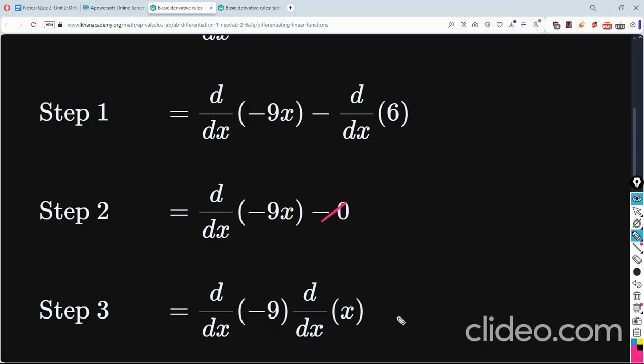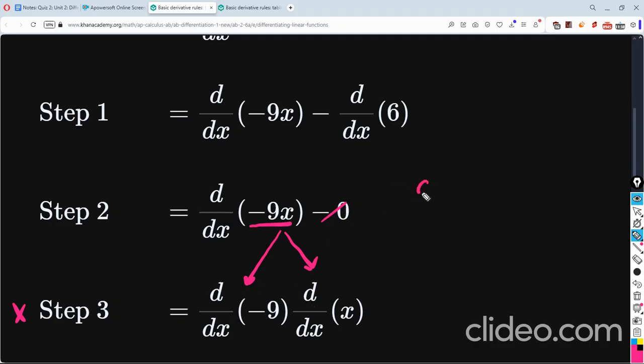And now the 0 is eliminated, and they took the derivative of negative 9x and broke it up into the derivative of negative 9 times the derivative of negative x. So that's no good. You can't break it up into two separate derivatives like that.